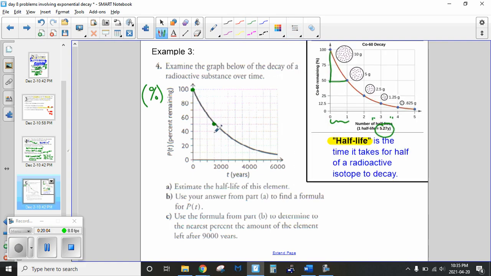So we can look at the time axis to find that. This was the 2000, 4000, and the 6000. So we're looking at 500, 500, 1000, 1500. 1500 years.